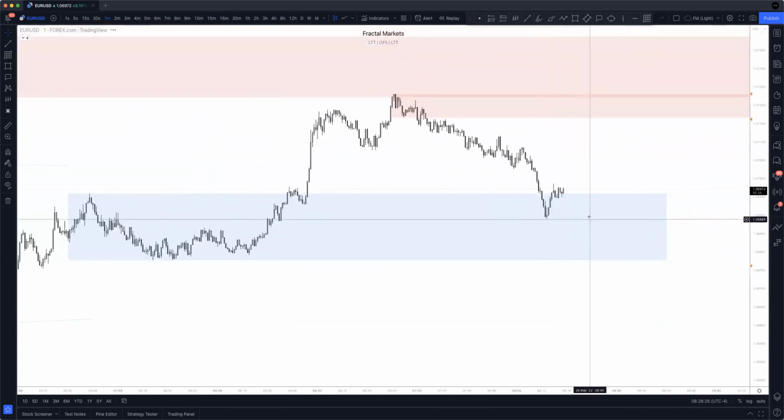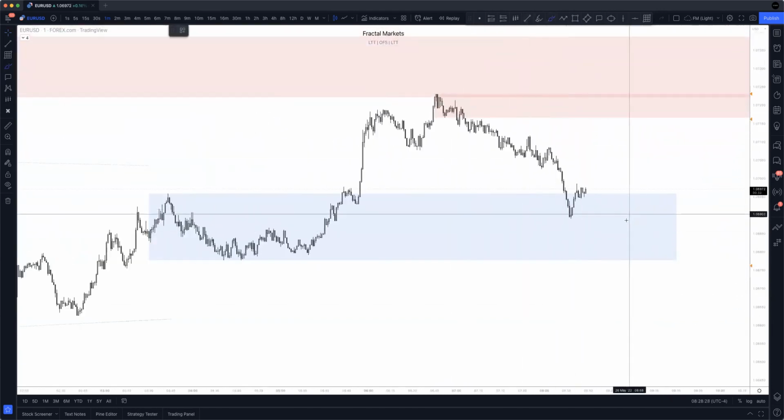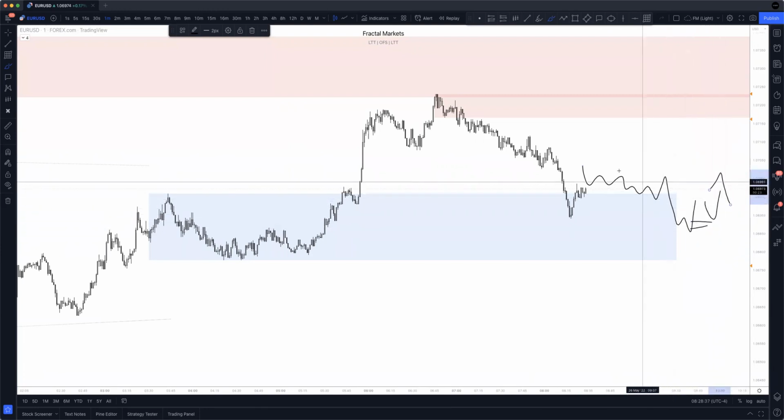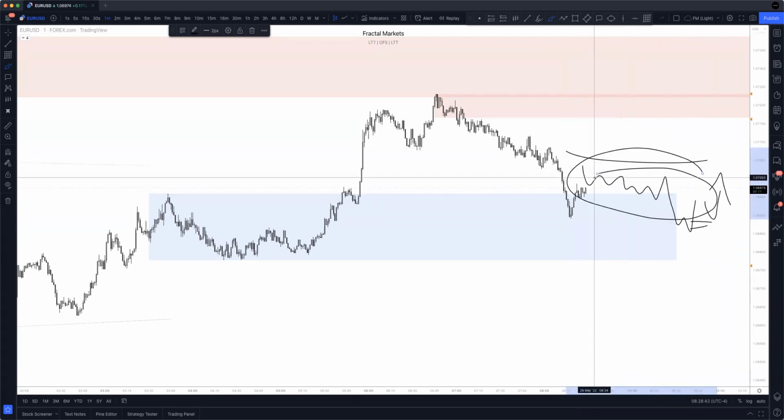Obviously this is not going to go higher, but let's say we delivered something like this. We've moved up, we've come down, and then we've realigned like this. I would say yes, I would take this into an area that we could potentially target, but it's also about its delivery.